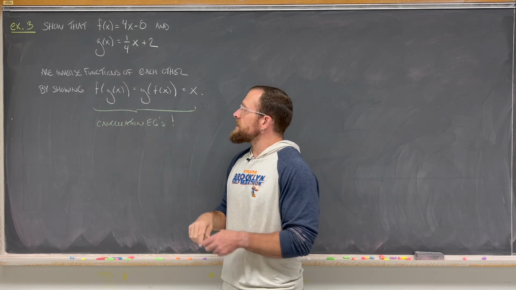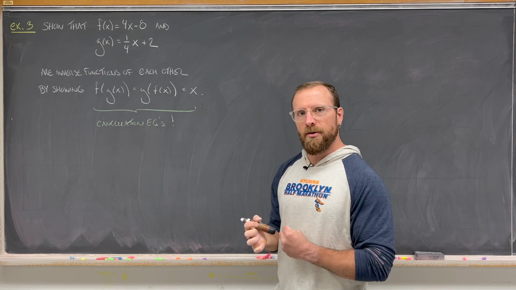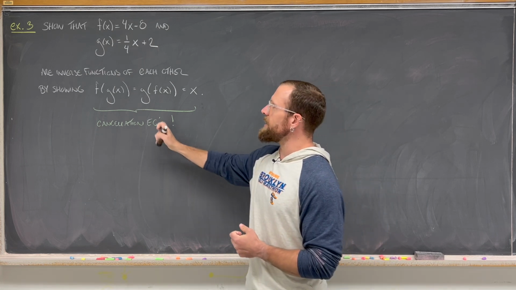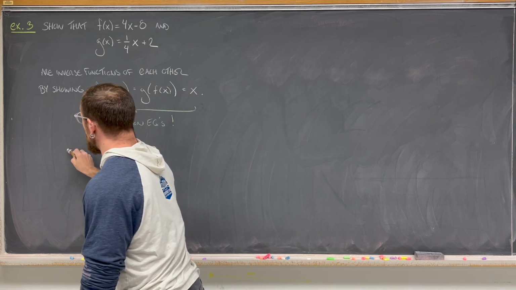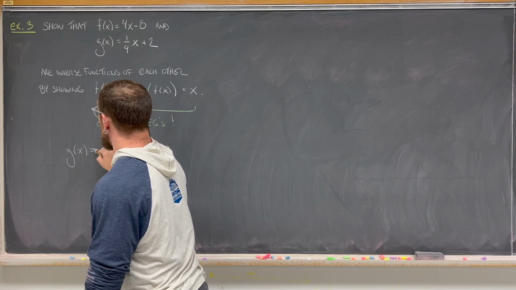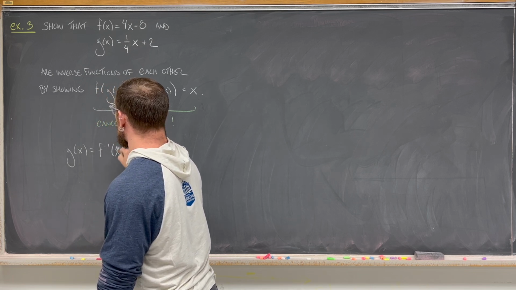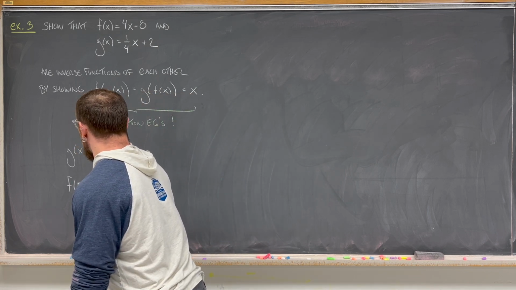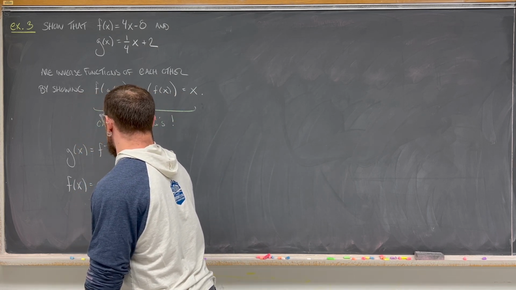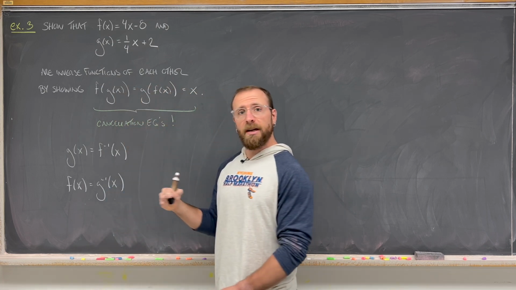That is to say that these functions undo each other. They are inverse functions. They obey these cancellation equations. Or in other words, g of x is f inverse of x. It's behaving like f inverse. And f of x is g inverse of x, that it is behaving like g inverse.